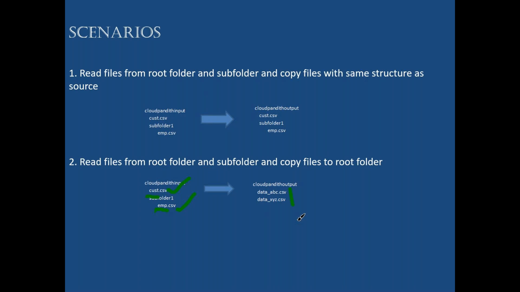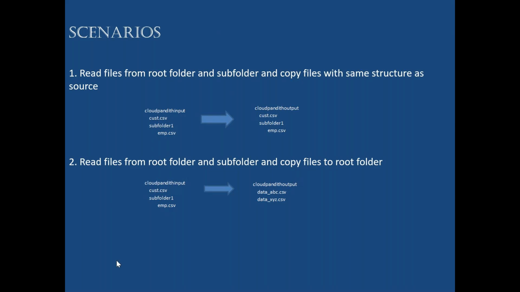That's why, to avoid that kind of issue, custom.csv it will rename to something like this, and emp.csv also it will rename, data underscore some unique id it will assign. Everybody understood? This is called a flattened hierarchy. Are we good? Clear team? Yes, ma'am.